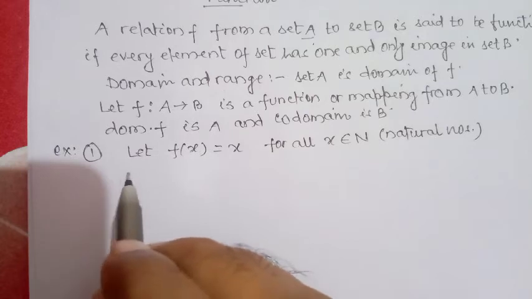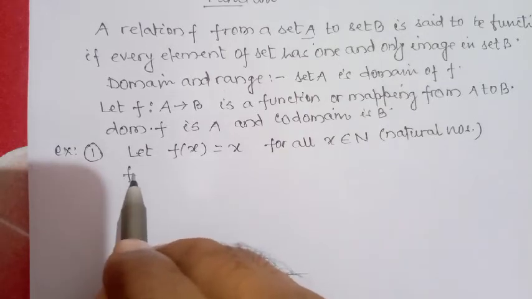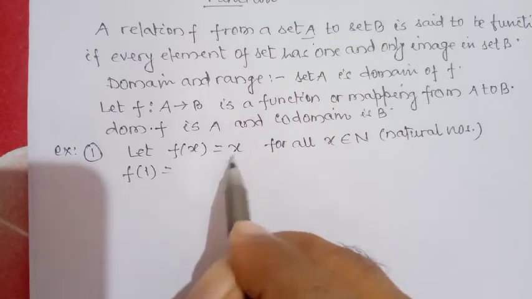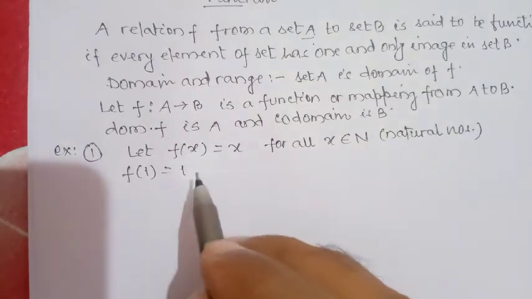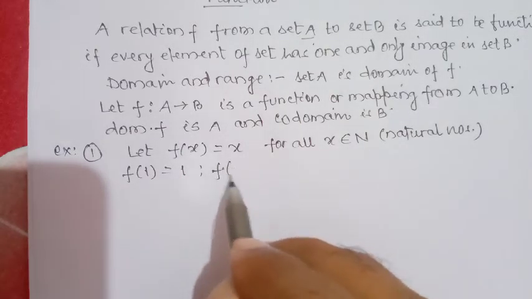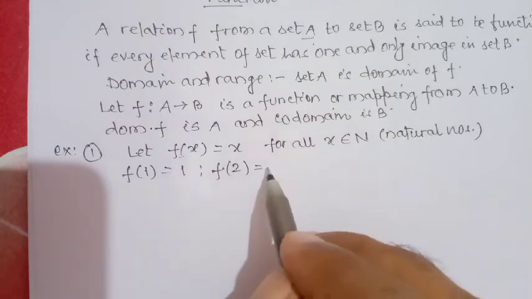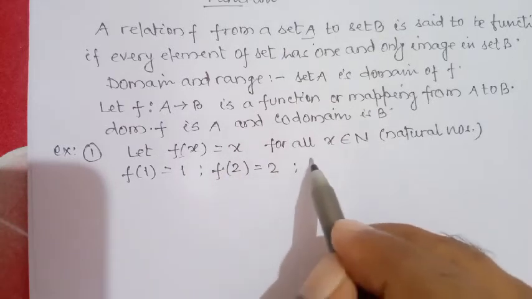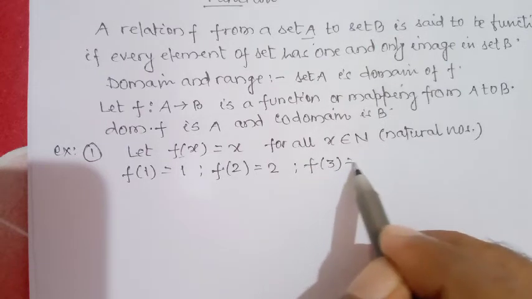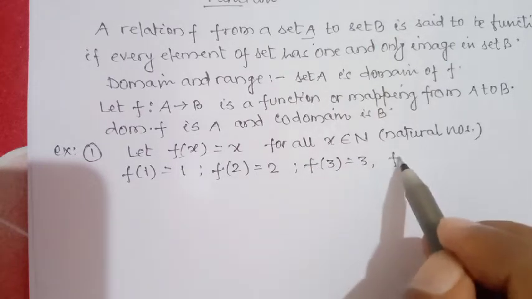So when x is equal to 1, then f(1) is 1. When x is equal to 2, then f(2) is also 2. Similarly, f(3) will be 3, f(4) will be 4.